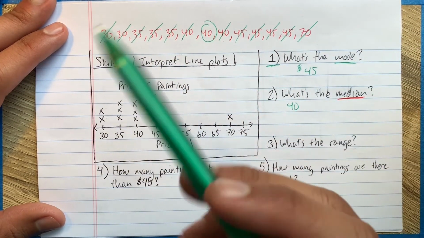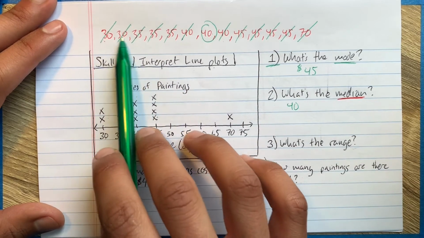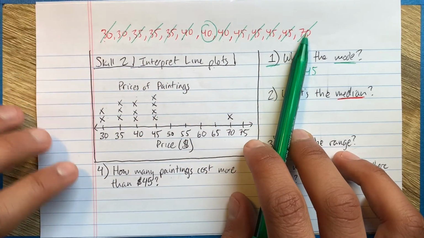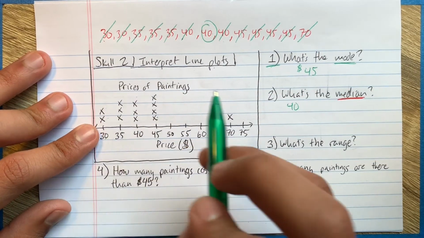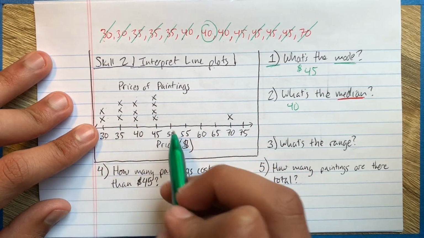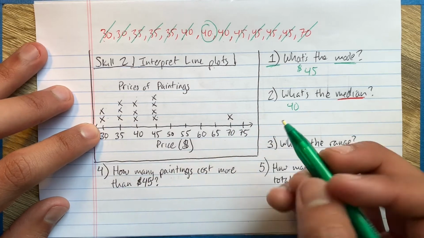I'm going to show you another way to do it that I kind of like more, because it doesn't require us to write this out. We're going to do the same idea of crossing off a number at the bottom and a number at the top, but we're just going to cross off the x's from least to greatest.